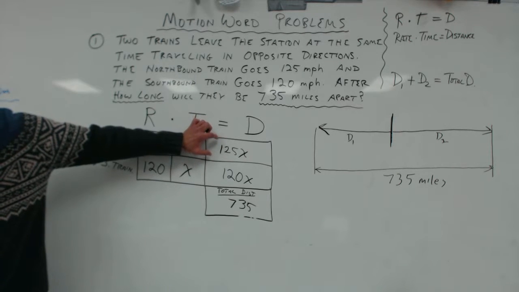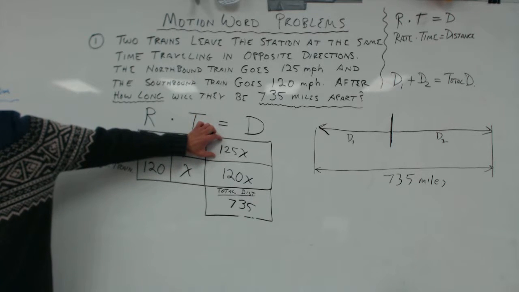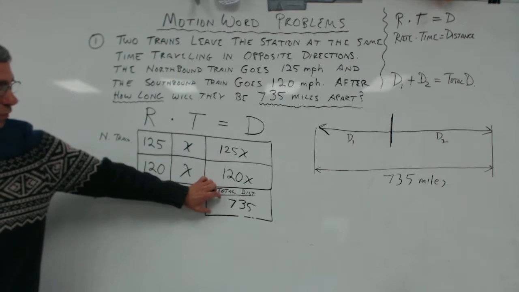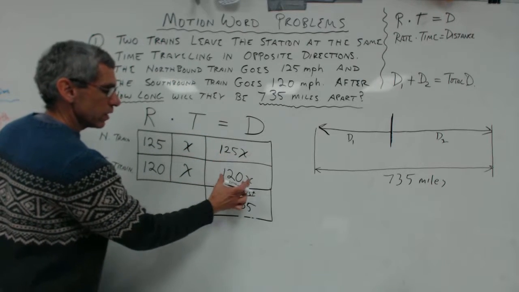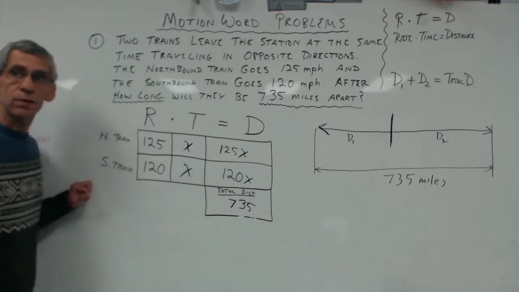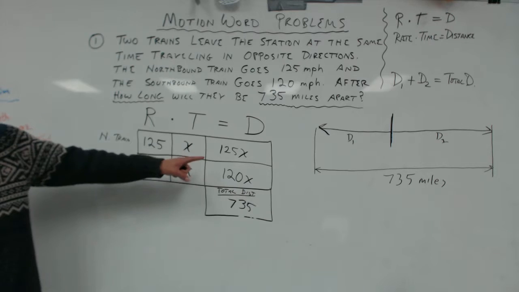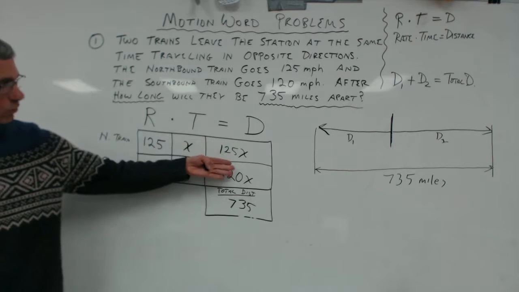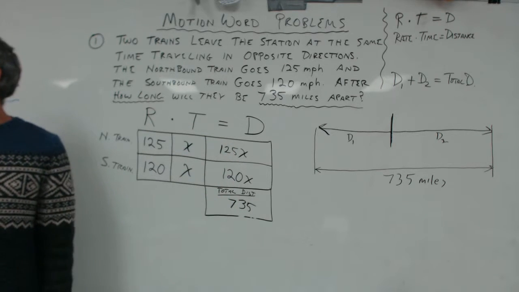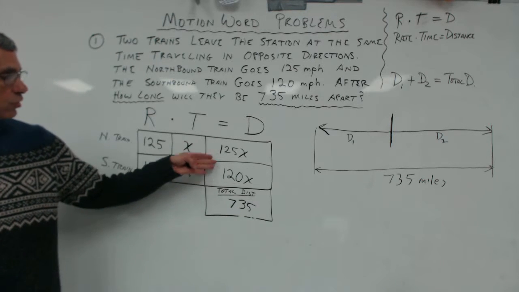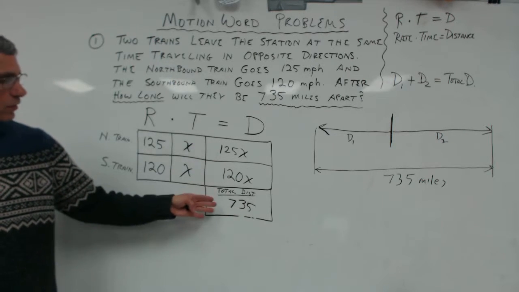This is your D1, this is your D2, and this is your total distance. So this plus this equals this. When you set this up in this box, you immediately know it's this one plus this one equals this one. Your total distance is always down here, just outside the box. Your two distances, you have to add them together to get this.